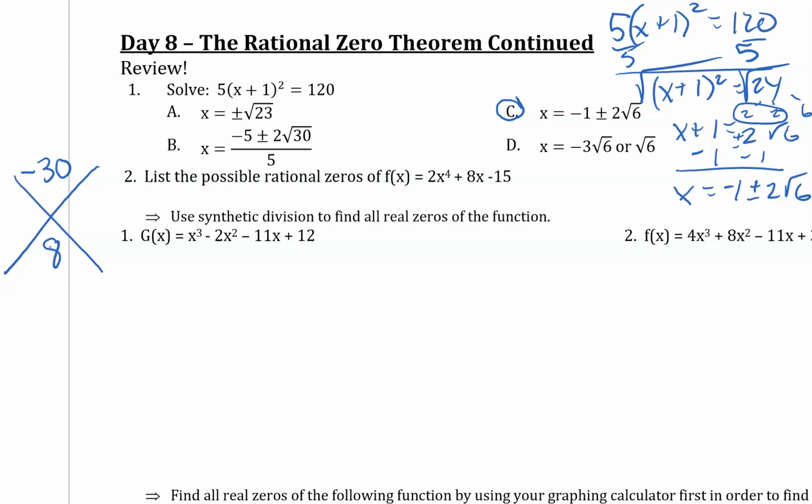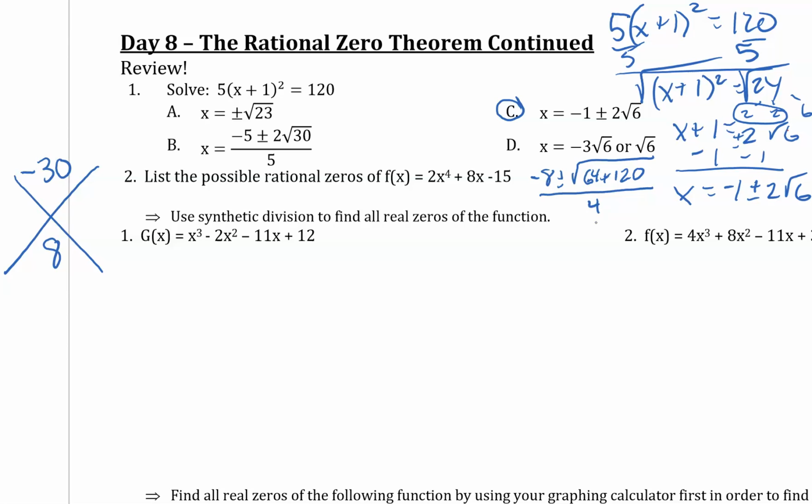The other option would be it's not factorable, in which case we would do negative 8, negative b, plus or minus the square root of b squared, 64, minus 4 times 2 times negative 15, which becomes positive 120, all divided by 2 times a, which is 2, so we're over 4.